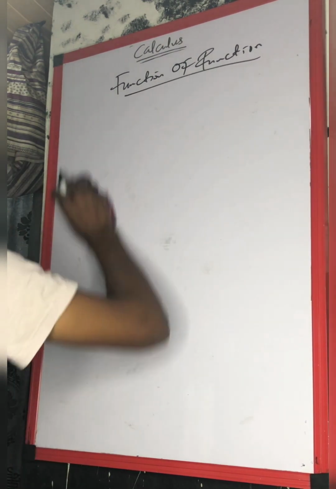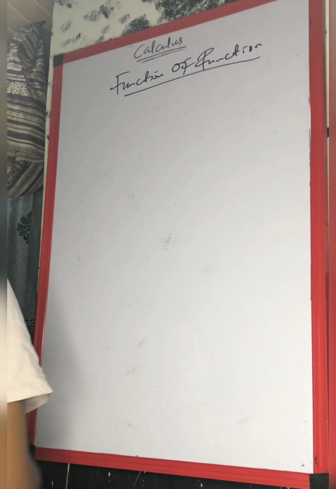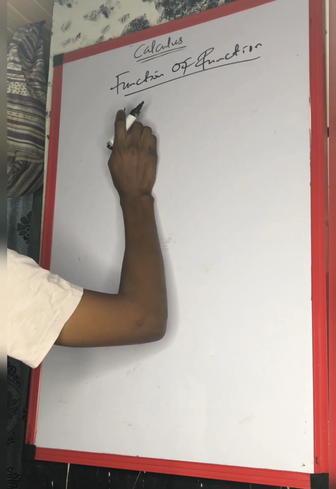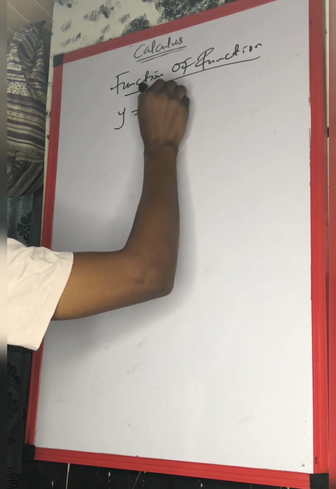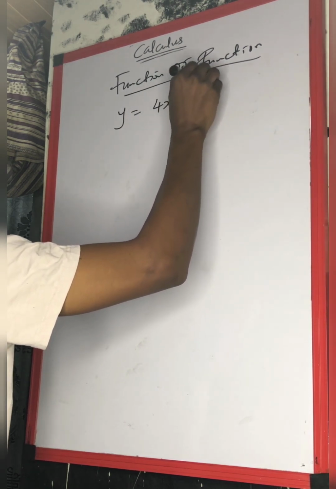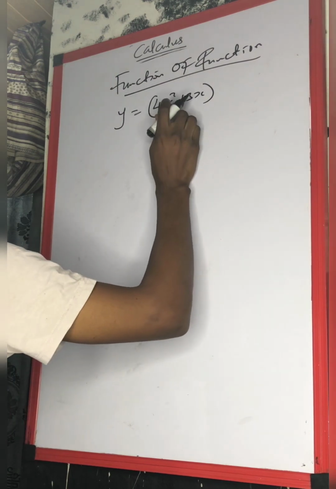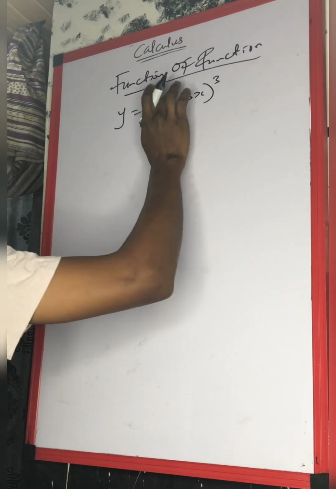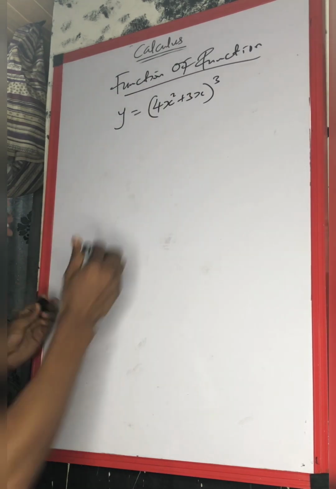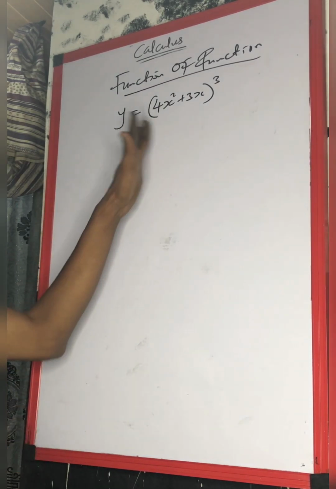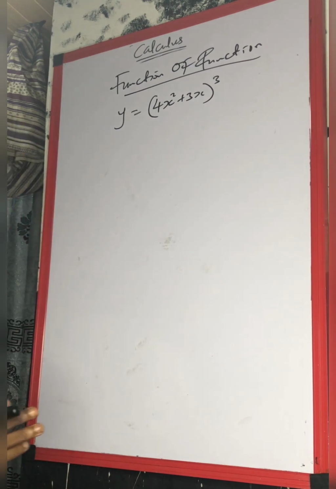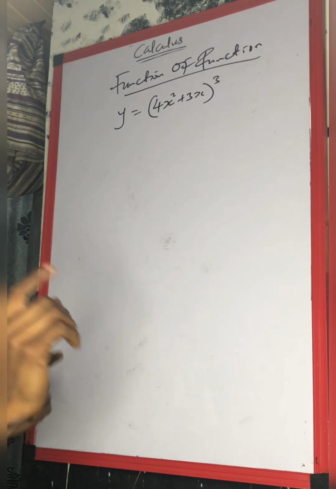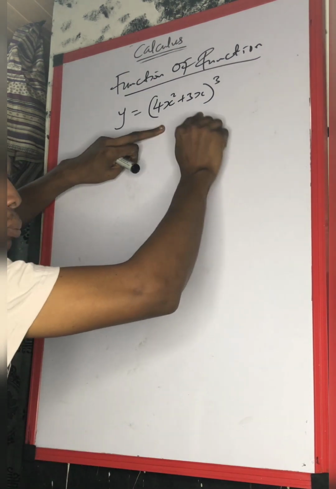For example, if you are asked to differentiate y equals (4x squared plus 3x) raised to the power of 3. Now, in solving this, you can see this question is quite different from the one we were doing before. What you will do is assign a variable to the brackets.